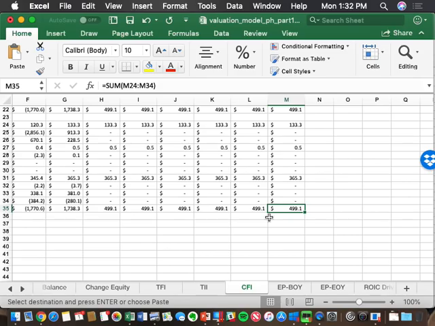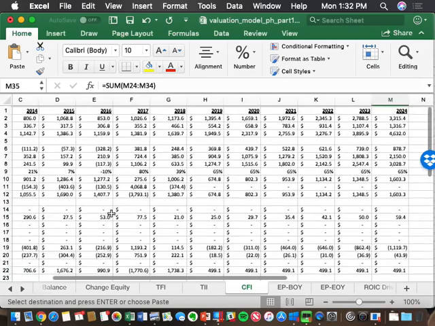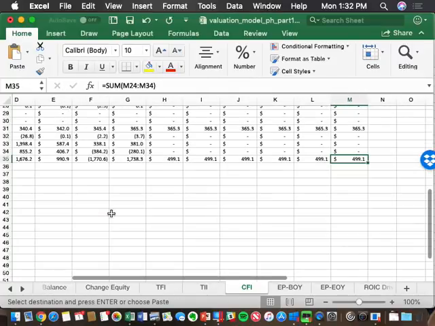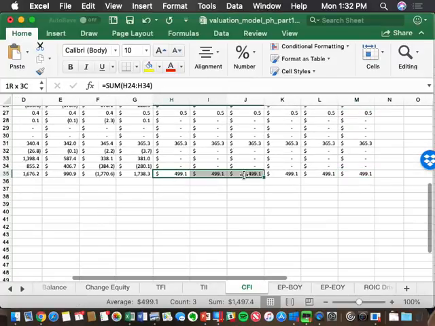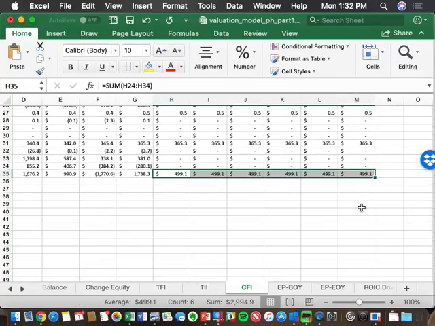But here's the thing. I want you to understand this. Why between 2019 and 2024 did the CFI not change for Parker-Hannifin? You notice it's 499.1 for all 6 of those years. Why didn't it change?